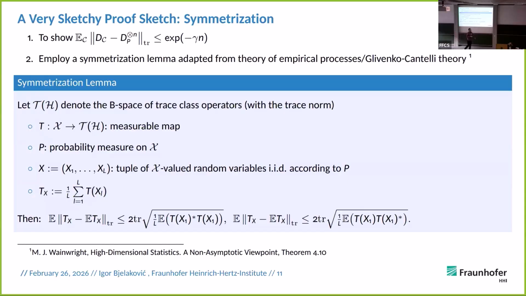Sometimes people call it Glivenko-Cantelli theory, sometimes the uniform law of large numbers. That's the device that drives statistical machine learning. If you use some adapted form of this, you can bound this expectation value by these expressions, which we can work on further to get them small.